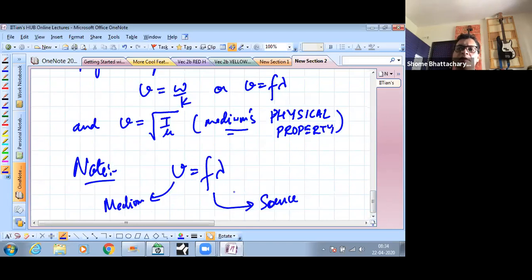While the string is vibrating, if I increase or decrease the tension, it will not affect the frequency of the wave, because that is determined by the frequency of the source. So lambda therefore becomes the property of both medium and source, because the three variables are interconnected. One is affected only by the medium's properties, the other only by the source's property. So obviously the third, which is connected to both of these, has to be affected by both the medium as well as the source. So that's another important thing over here.